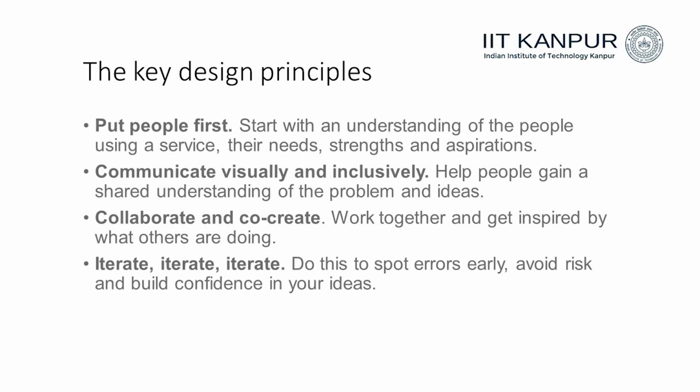So, think about all the different types of users of your product and go about designing a product accordingly. What if a product cannot be used by somebody who is blind? Then that blind person doesn't get to use the product. So, if you have intended a product to be used for everyone, then think about how that blind person can also use that product. So, that is thinking inclusively, okay.